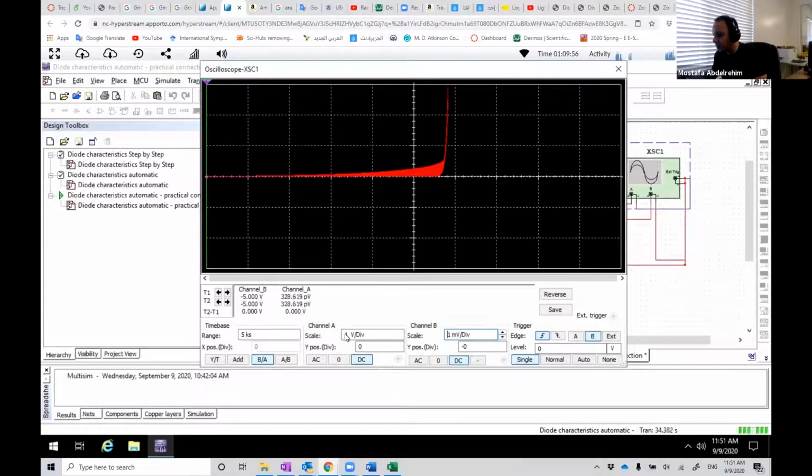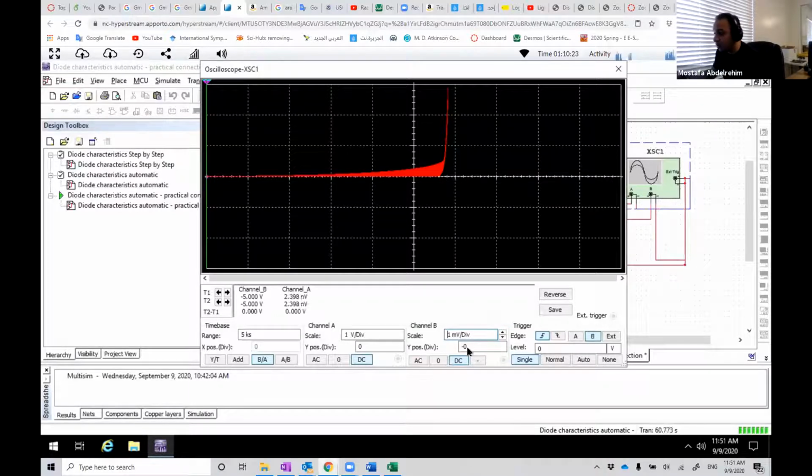This is still 1 volt per division, so we will not change this. And again, our curve here is between 0.6 and 0.8, just like what we got with step by step, and even the impractical connection of the oscilloscope in our previous experiment number 2. So guys, do the same here with this setup.